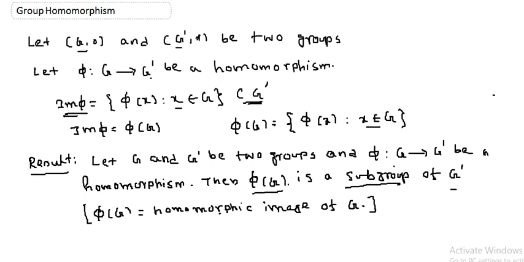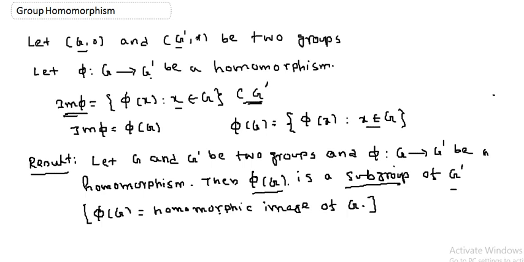The proof of the result you don't have to memorize for your exam, but let me give you the proof for completeness, showing how to prove that phi of G is a subgroup of G dash, because I want to complete the course here, and also I give you one more test to check whether a subset is a subgroup or not.